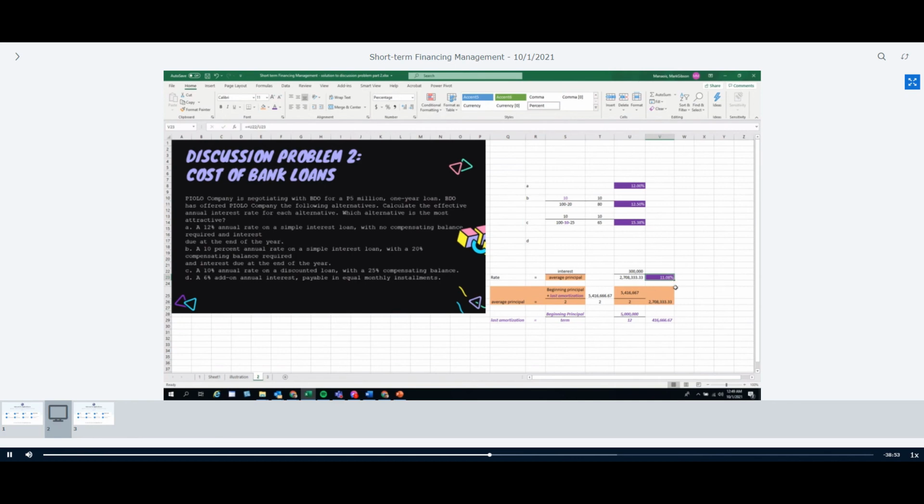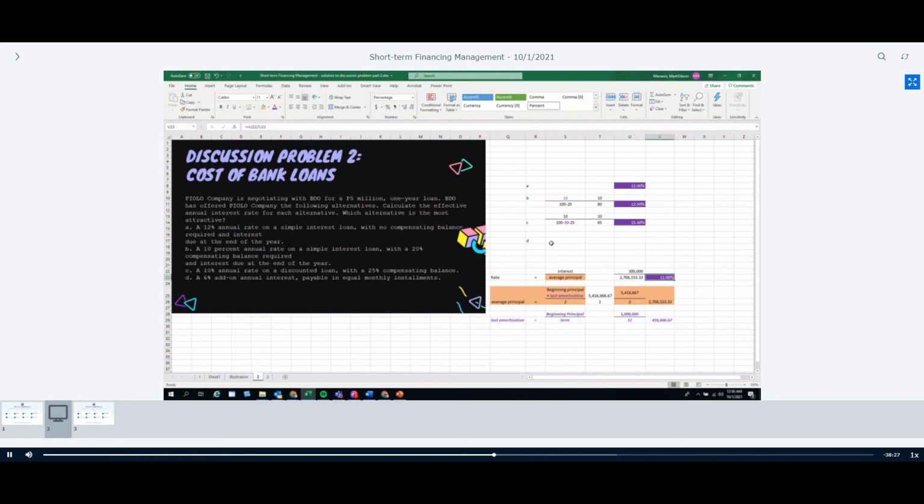So now, we're able to calculate the effective interest rate for all the alternatives. So we have 4 alternatives. Now, which alternative is the most attractive? Of course, yung alternative which will give us the lowest interest rate. Meaning kasi tayo nangungutang dito, tayo magbabayad ng interest expense, no?